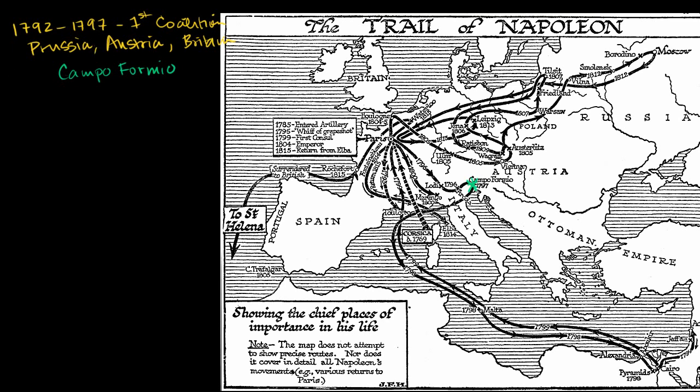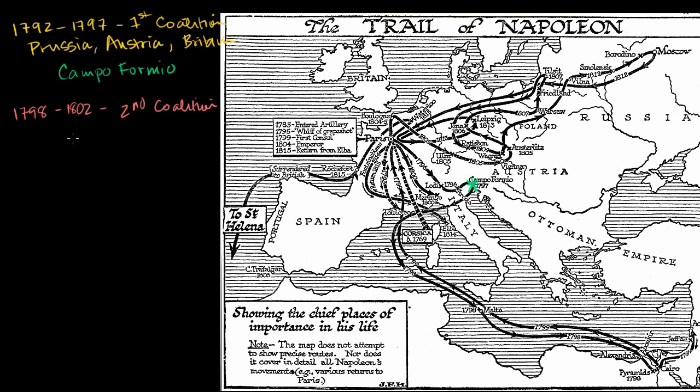Then, from 1798, let me do this in a different color. From 1798 to 1802, you have the Second Coalition. Now you might immediately see Napoleon took power at the end of 1799. So this war spanned some of the Directory being in control and some of Napoleon as First Consul being in control.